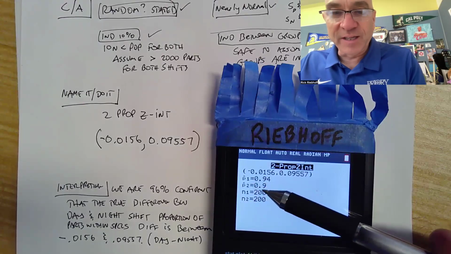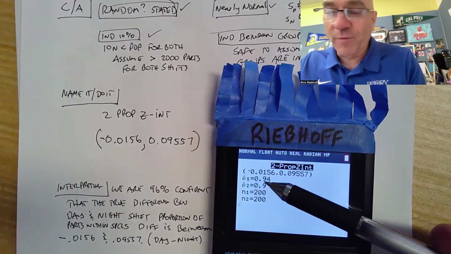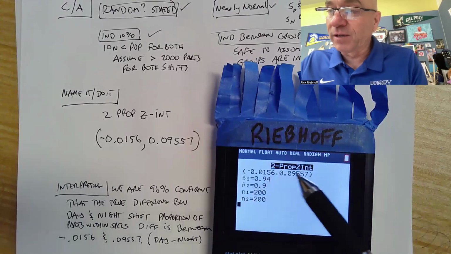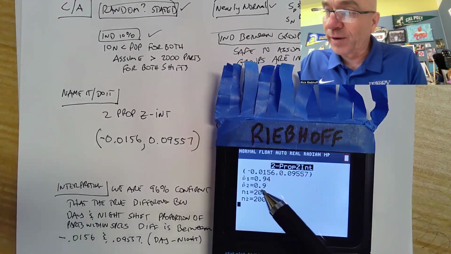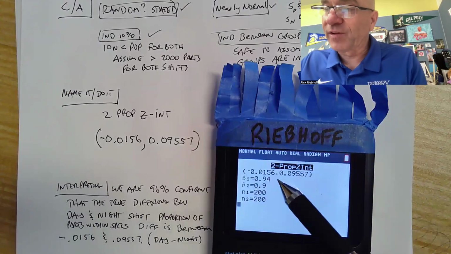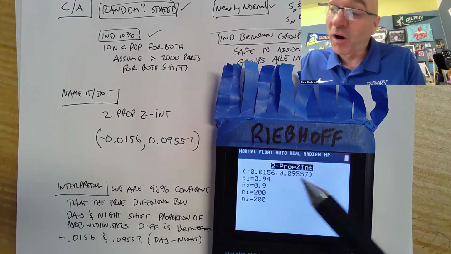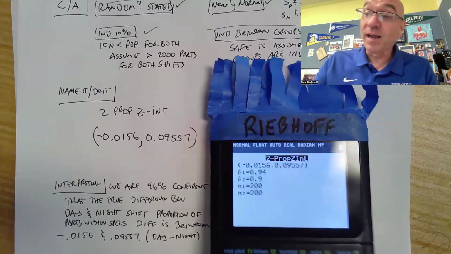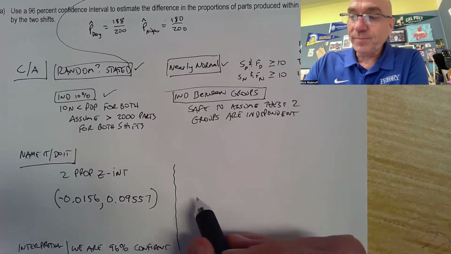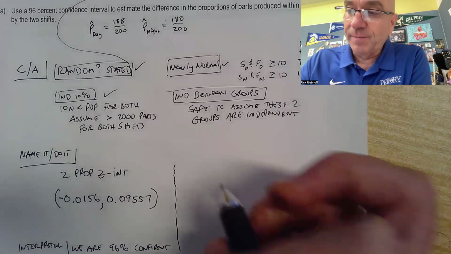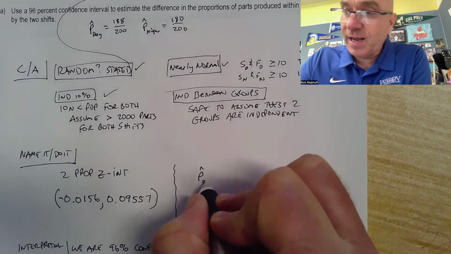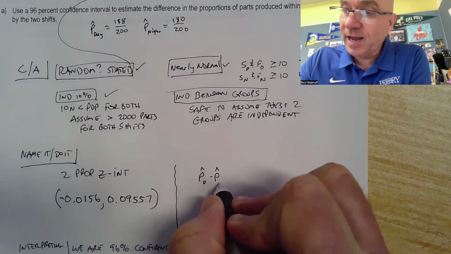So it is P hat 1 minus P hat 2, right? The average difference, the middle of this confidence interval would be 0.04, right? And we're going about 5.5 above and 5.5 down. So you could find the margin of error that way. Speaking of, if you're doing this by hand, you would have the formula P hat 1, which would be day, minus P hat night.